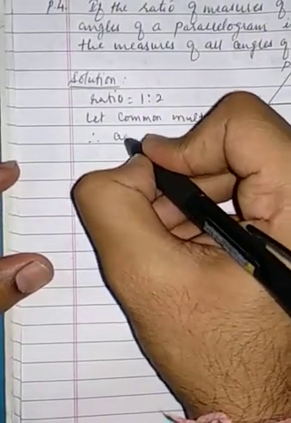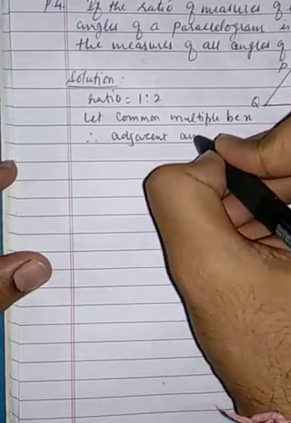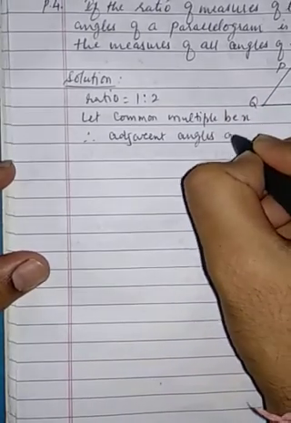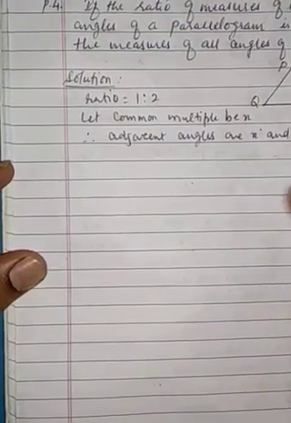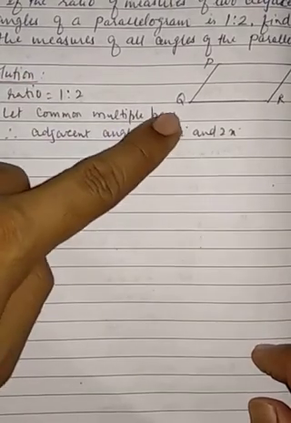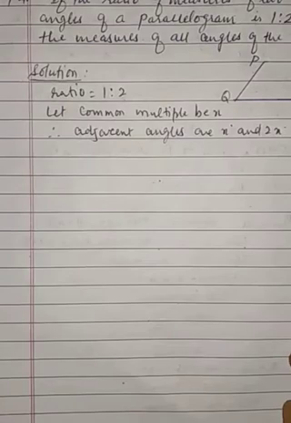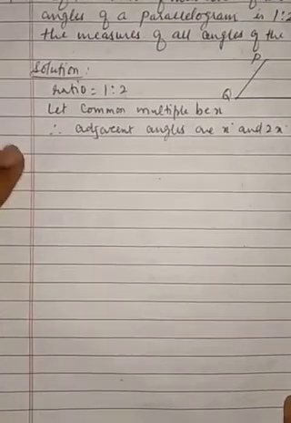Therefore, adjacent angles are x degrees and 2x degrees, because x multiplied by 1 is x, x multiplied by 2 is 2x. So whenever you know the ratio of sides or angles, you can use this method.